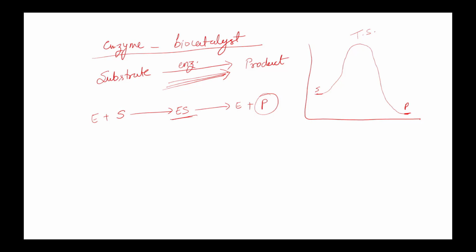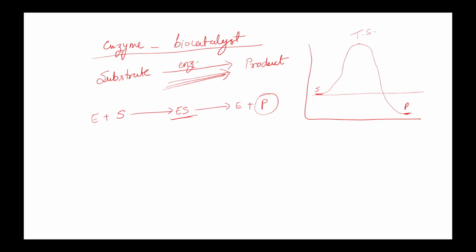But this is without the enzyme. Generally without the enzyme it takes lots of energy to reach this transition state, so the energy barrier for the substrate to cross is very high. But what does the enzyme do? The enzyme reduces this transition state energy barrier.